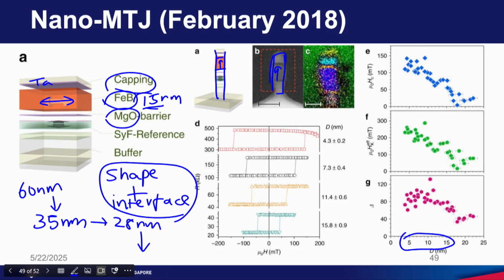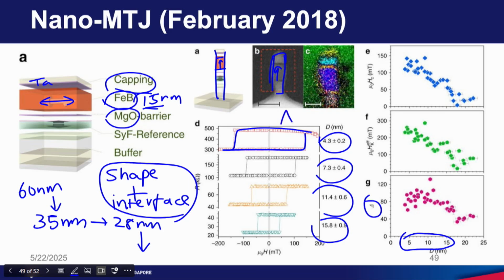Okay, this is again from Tohoku University. They measured the hysteresis loop in the perpendicular direction. Then they observed a perpendicular hysteresis loop for 4 nanometer diameter, 7 nanometer, 11, 15. For all these small diameters they can observe a perpendicular hysteresis loop. In the MRAM community they use the symbol delta to represent KUV by KBT, thermal stability.